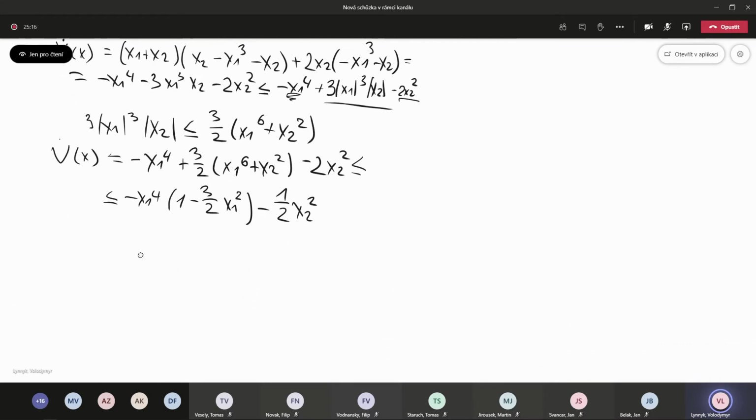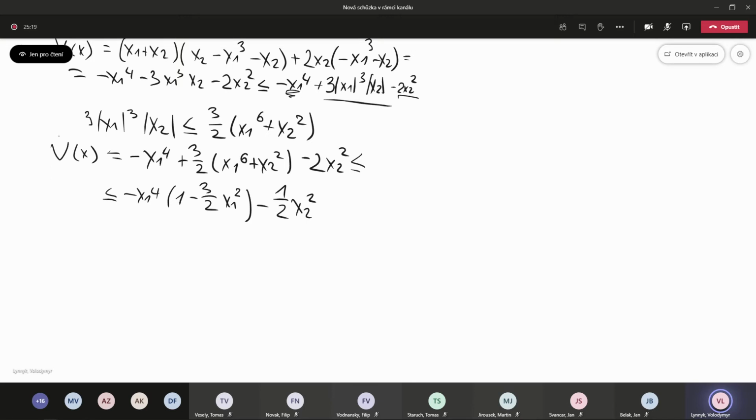Okay, so now we can see that the first term is negative if and only if V dot of x is less than 0 if x1 is less than the square root of 2 divided by 3, if x is not equal to 0.